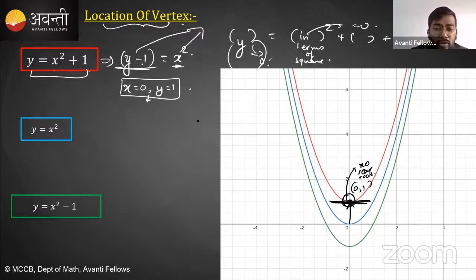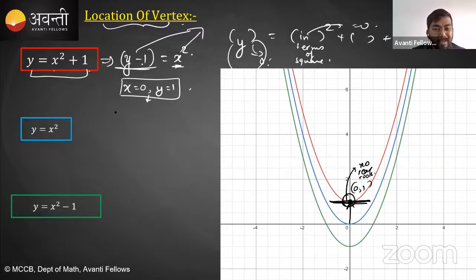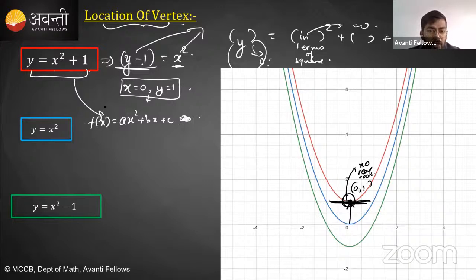Okay, and also to find the vertex, we all know that the vertex can be found out by doing this. Do you remember that ax square plus bx plus c equals 0? This was our f of x, or y, you can say, correct? So this was our y.